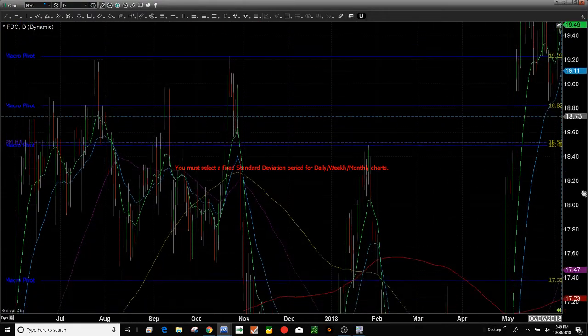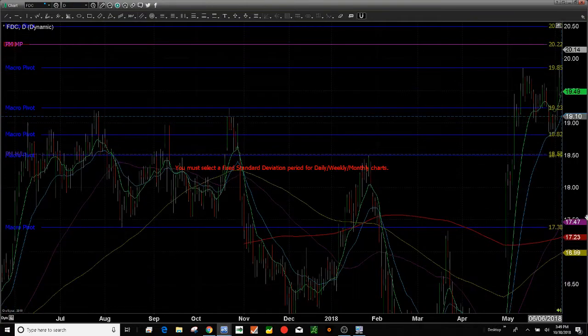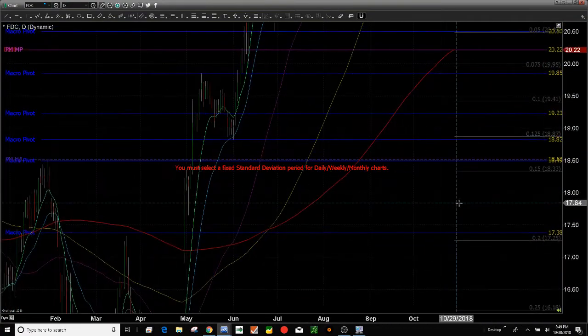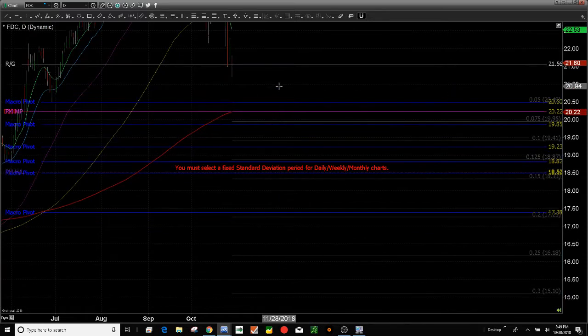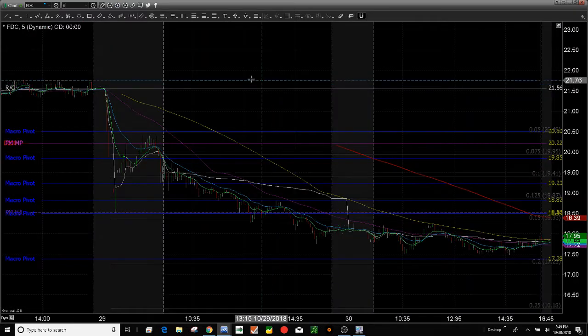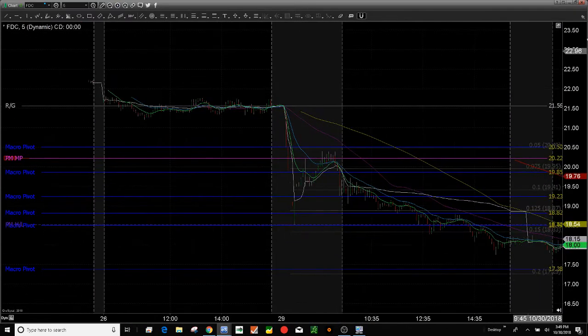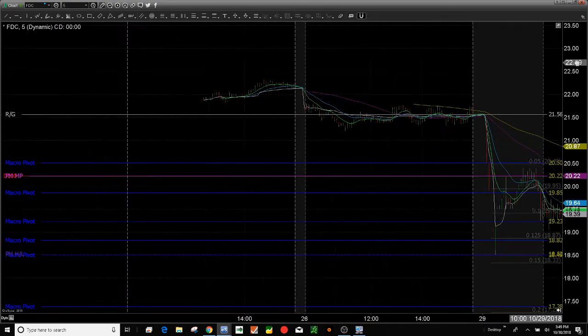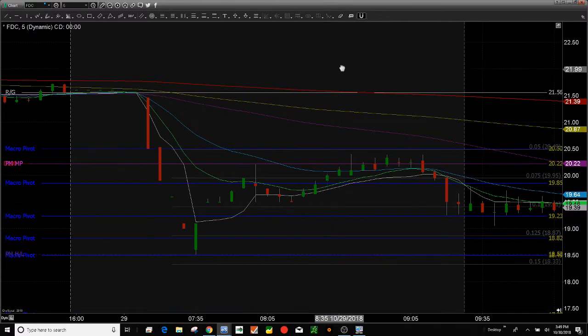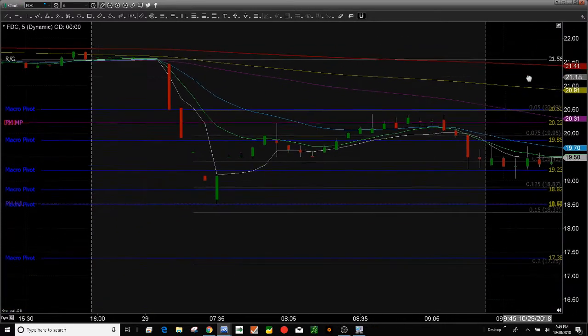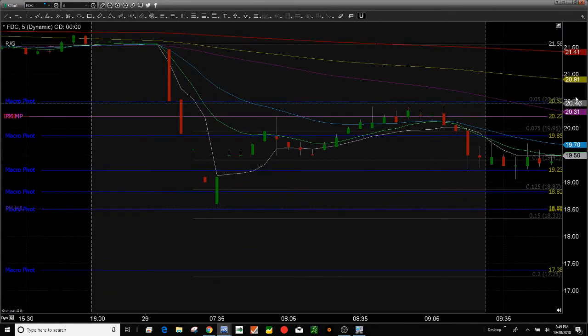So basically, this chart, if you look at it, let's go back to the 5-minute chart now. Let's go back to this level right here. So these are all the lines that I want to trade here.